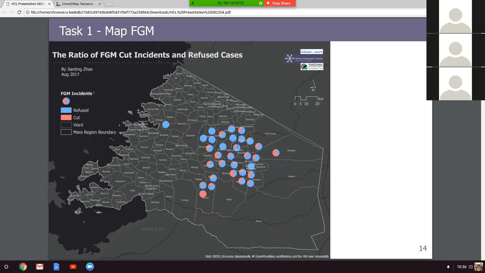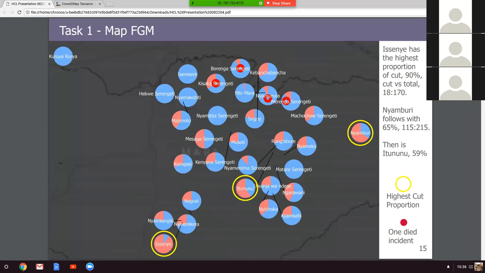Here is a map of the ratio of cut and refused. The red indicates cut incidents, and the blue indicates refused. You can see that a lot of them now have more refused cases than cut. However, there are three villages that have a really high proportion of cut: Isenye, Niambori, and Itununu.